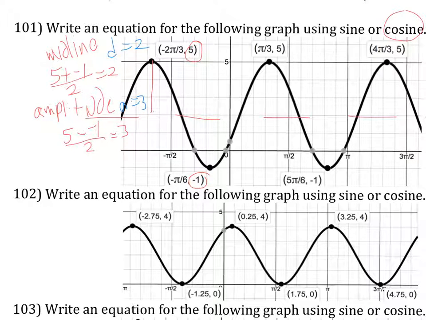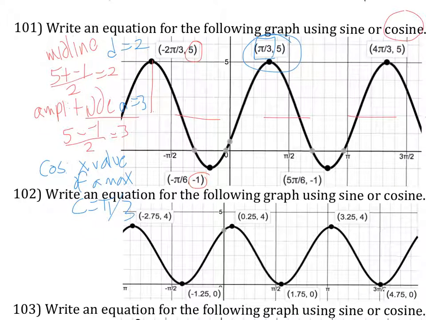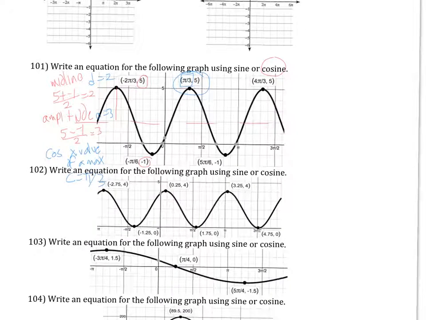Okay. For my C term, I'm looking for the x value of a max. The first positive maximum I'm going to use is pi over 3. So I would say that I'm going to make my C equal to pi over 3. And if you'll bear with me for a moment, I'm going to erase the bottom of this so we can see a little bit better.